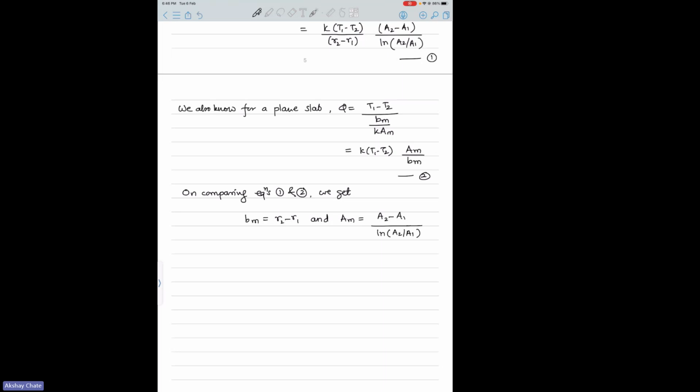So this is the answer that we wanted in this question. But you can note down one more thing, that the thickness of the slab is equal to the thickness of the insulation, which is R2 minus R1. So basically the thickness of the slab and the thickness of the cylindrical insulation is the same. Only the area will change for that slab cross-sectional area, which will be A2 minus A1 divided by ln A2 by A1.